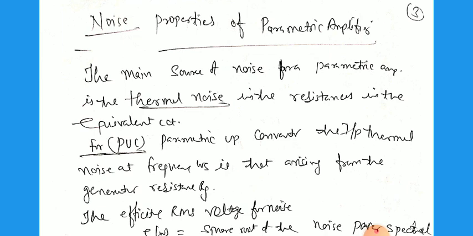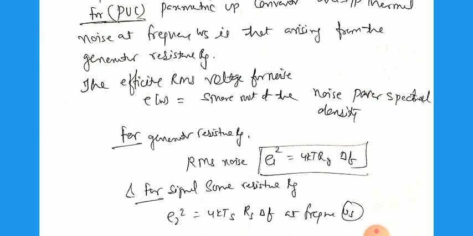For the parametric converter, the input thermal noise at the frequency omega s is that arising from the generator resistance Rg. Similarly, the RMS voltage for the noise is E1 at the source frequency, and this is equal to the square root of the noise power of the spectral density specified.